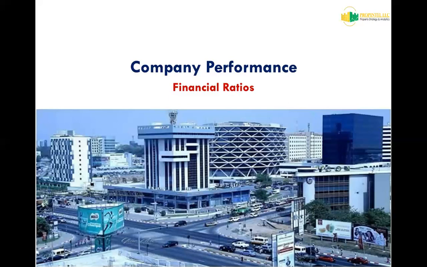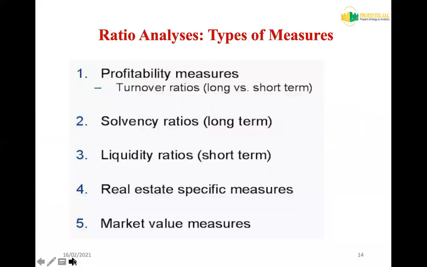Now, let's look at some financial ratios that can be used to measure the different dimensions of a company's performance. Ideally, there are at least 5 main types of financial ratios you'll come across. You come across financial ratios that measure the profitability of a company.